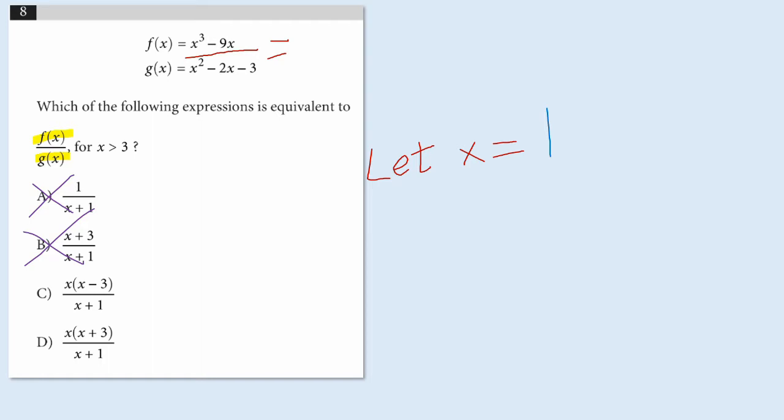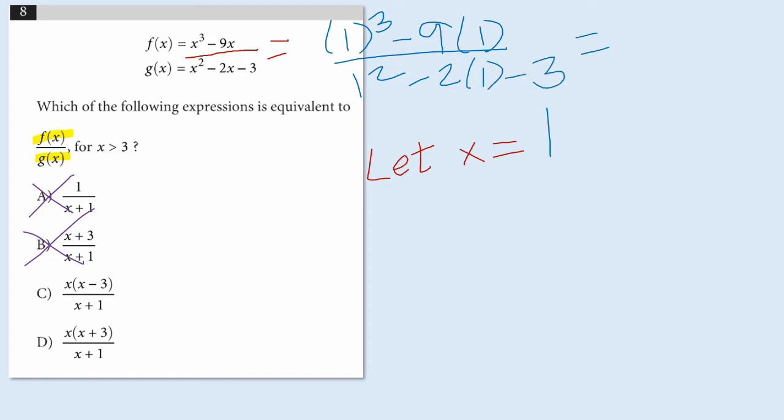So in the question expression, if I substitute 1 in for x, I'll have 1 cubed minus 9 times 1 over 1 squared minus 2 times 1 minus 3, and that's going to equal 1 minus 9 in the numerator over 1 minus 2 minus 3 in the denominator, which is negative 8 over negative 4, which is equal to 2.